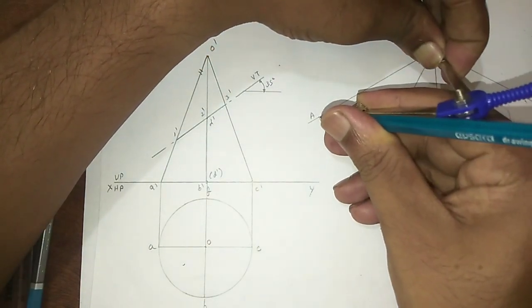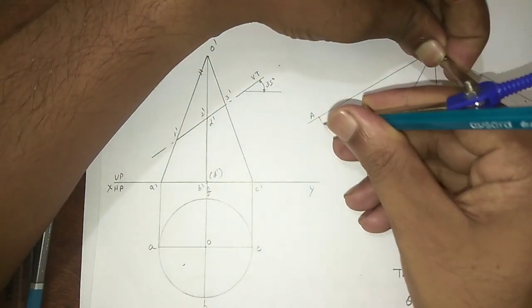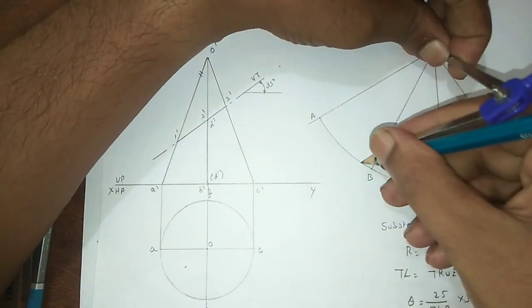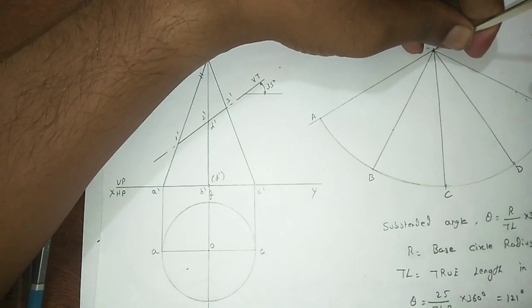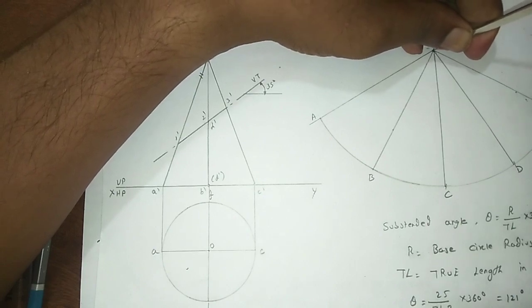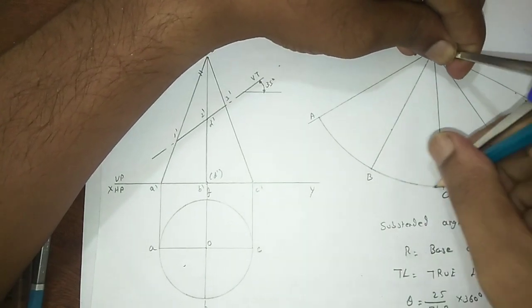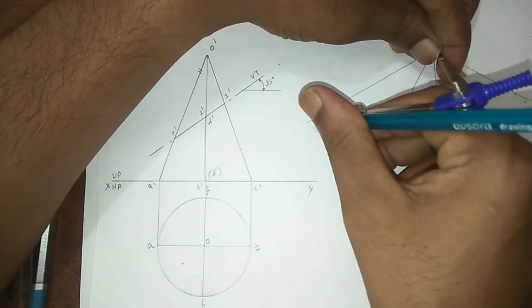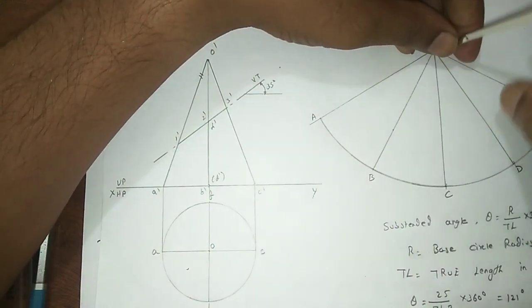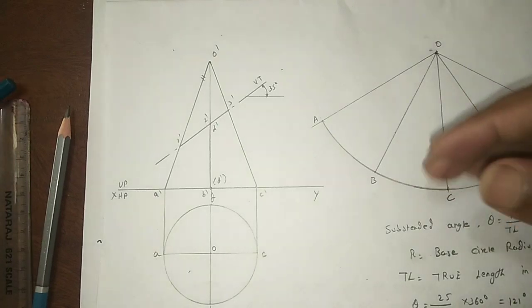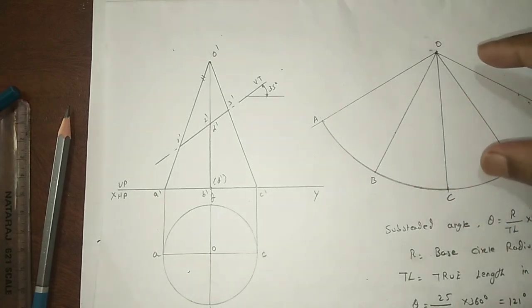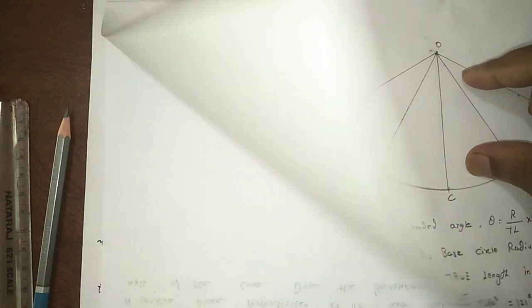So for the bottom, a curve comes. So darken the curve portion, and now we are going to mark the section plane points in this developing area.